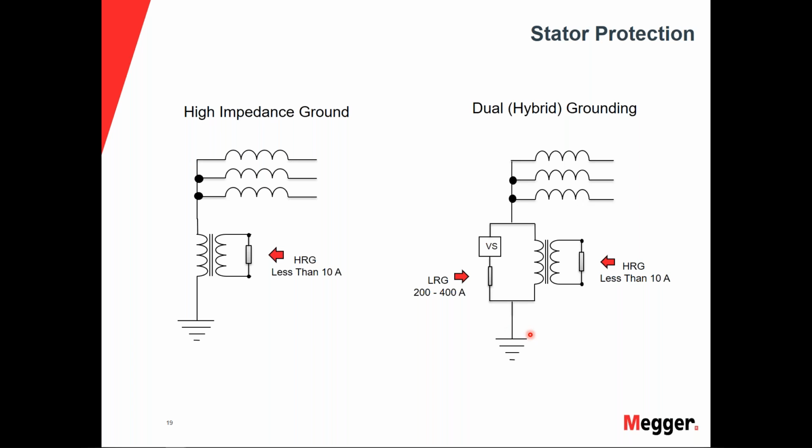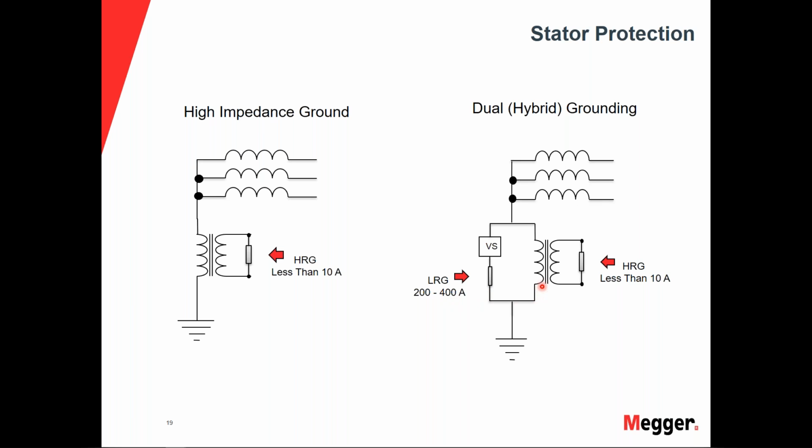The dual grounding method is a type that can be used with an 87 ground differential scheme. What we're trying to do here is a little bit more reliable protection. Also, you'll see a low resistive ground resistor here as well, which limits this ground to around 200 to 400 amps.